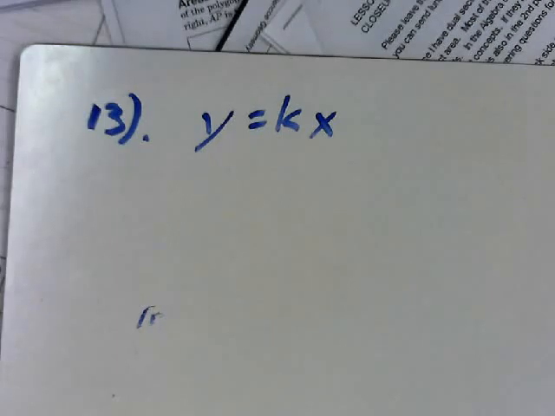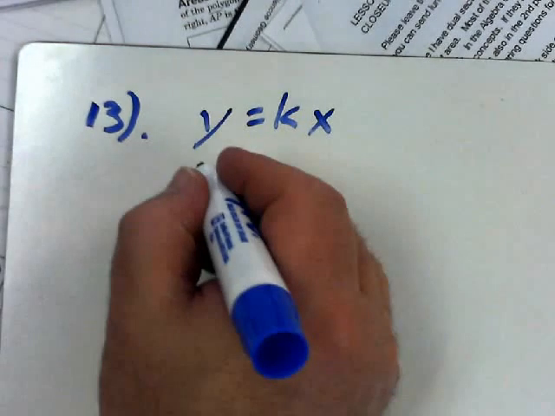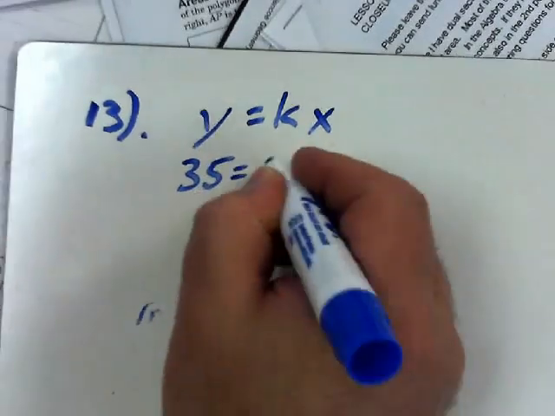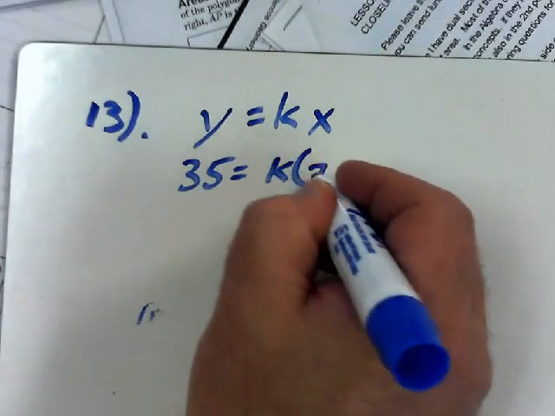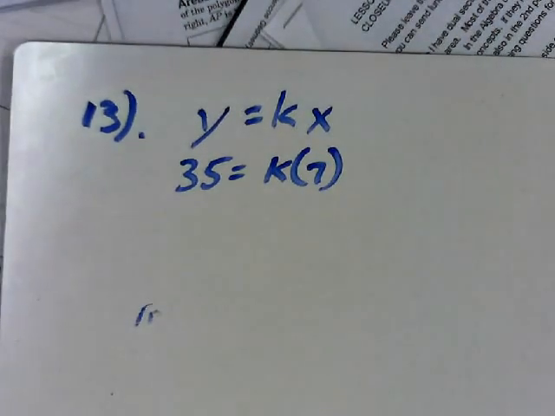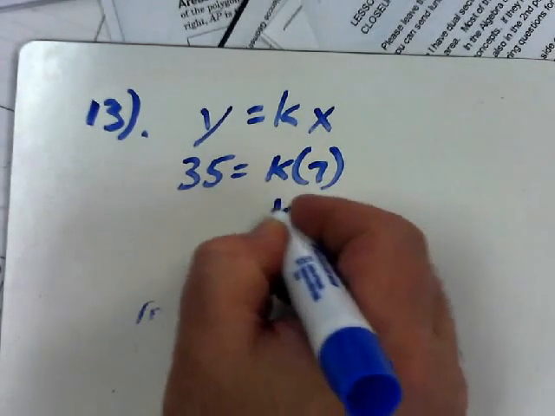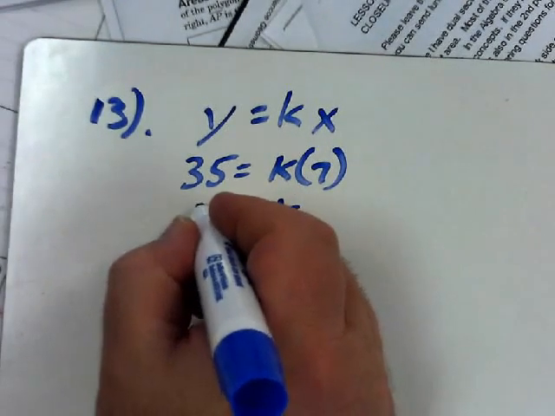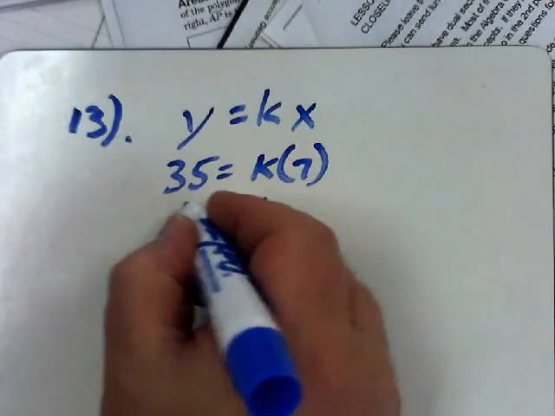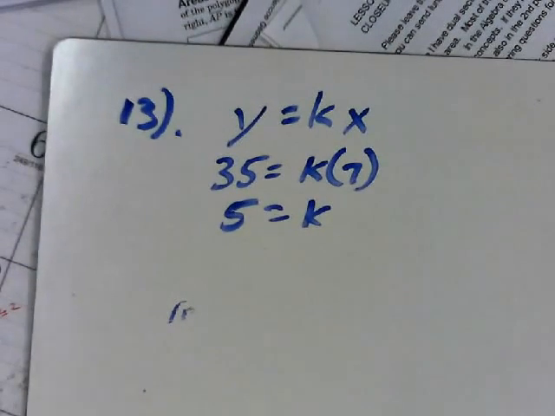So the first set of numbers are what? 35 equals k times 7. So what's my k going to equal? 5. What happens when I want to find y when x is equal to 11?